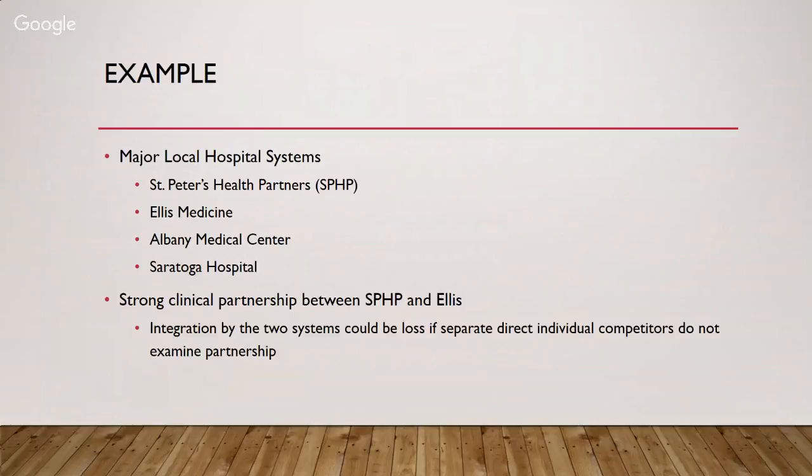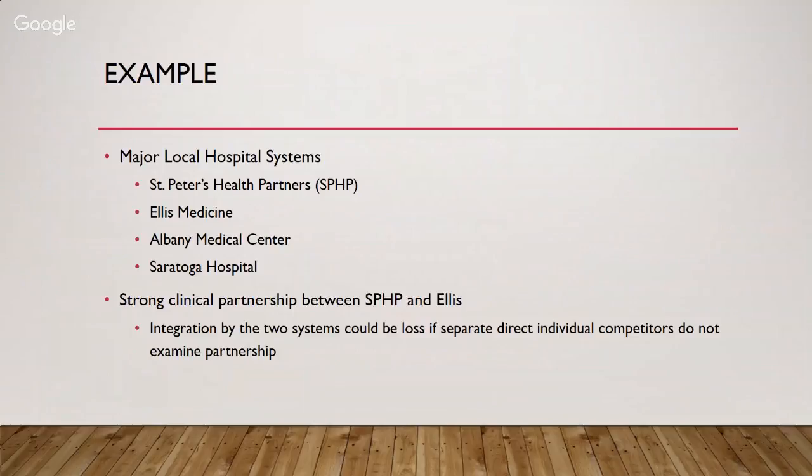However, if we don't look at alliances and partnerships and extend beyond the reach of the greater capital region of New York, we're going to miss a lot of what competitors could be around the area. For example, an alliance in the capital region is the strong clinical partnership between St. Peter's Health Partners and Ellis.